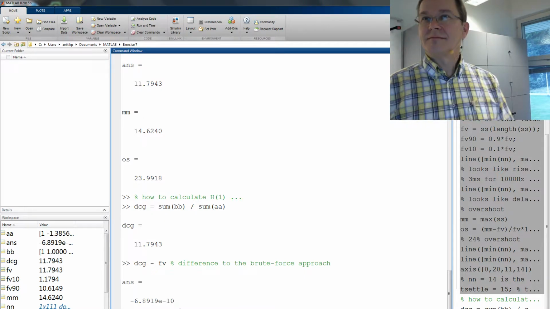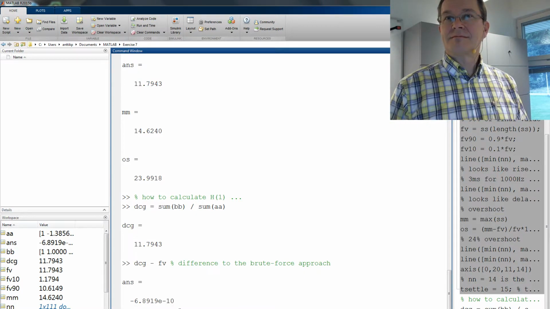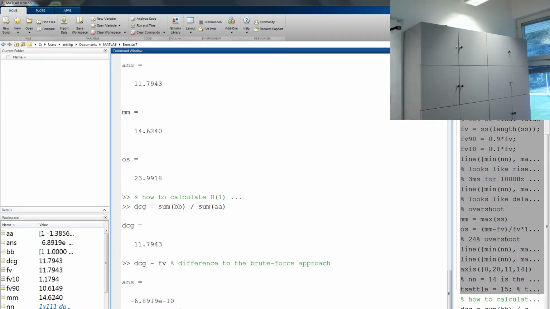Why can't you just sum all the a coefficients to each other, and you don't have to compute 1 to the power of something? Yes, exactly.